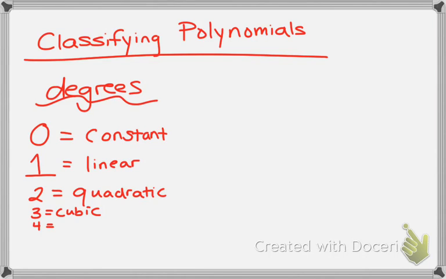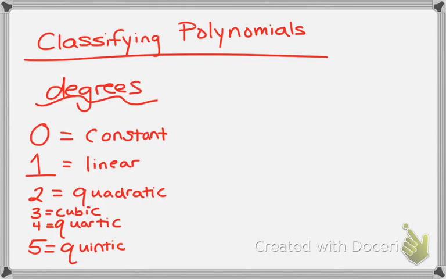4 would be quartic. And then 5, we're going to go with quintic. Anything beyond 5, we're just going to say degree of 6, degree of 7, degree of 8, degree of 9, degree of 10, degree of 11.